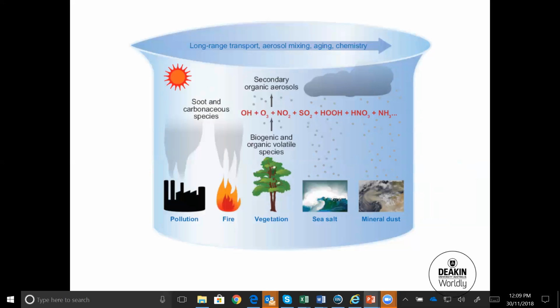Once they are all in the atmosphere, they get further transformed by atmospheric oxidants, for example, hydroxyl radicals, ozone, SO2, NO2, peroxyl radicals, ammonia, nitric acid, etc. And it all leads to the formation of secondary organic aerosols.